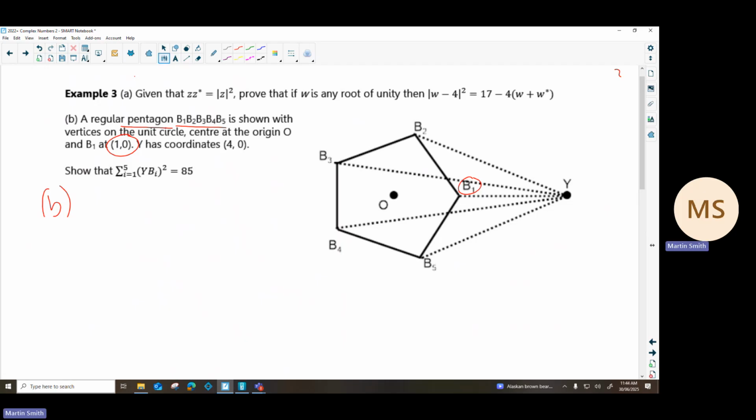I want to show the following geometrical fact: the sum from i = 1 to 5 of YBi squared is equal to 85.